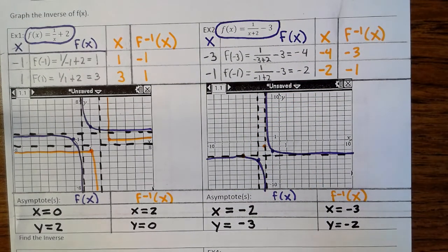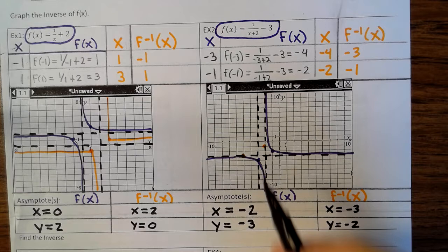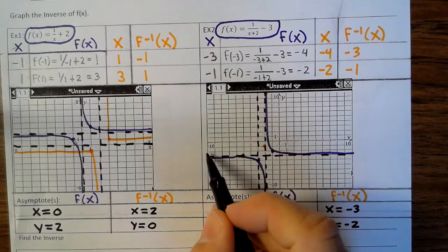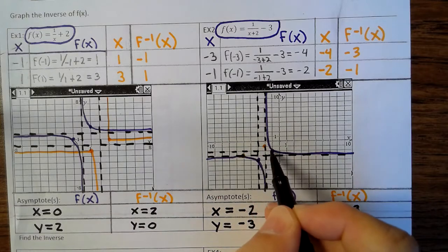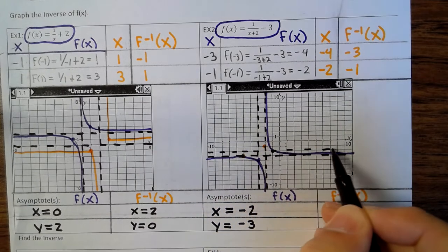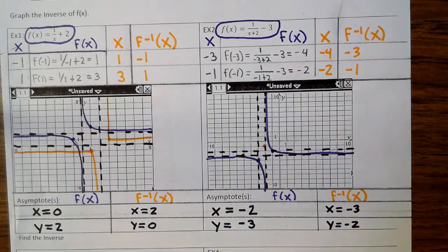And y is -2. So -1, -2. I'll tell you, this is my least favorite graphing to do because it's so messy.